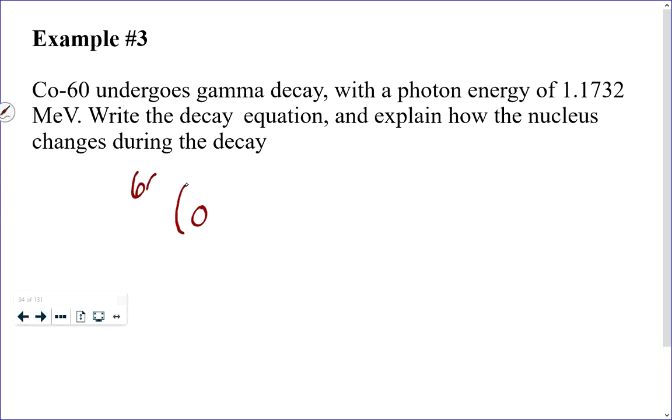It's cobalt-60, so that 60 kind of helps me locate cobalt, and we haven't talked about this, I guess we should. Can you look at carbon on your periodic table? You see the number 12.01? We don't use that number in this class.